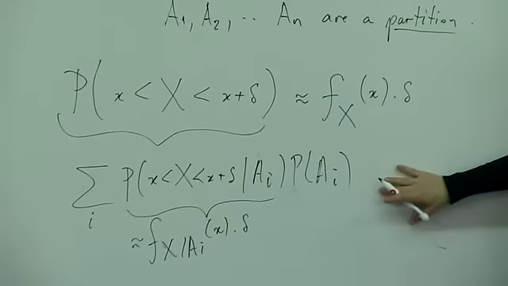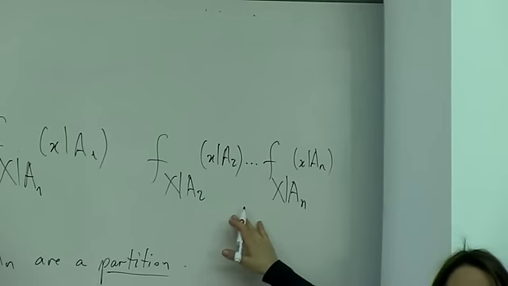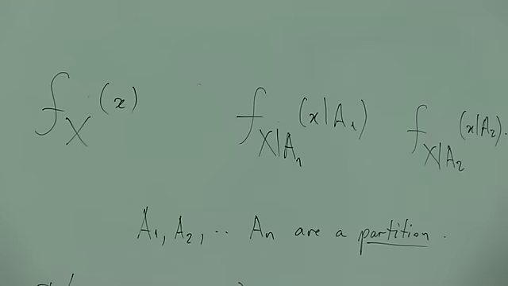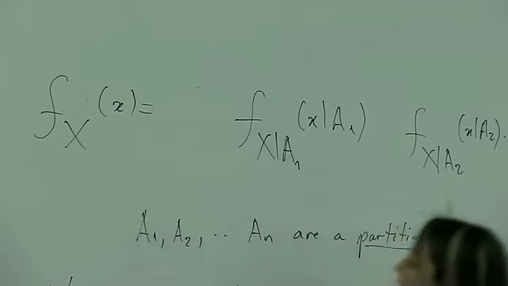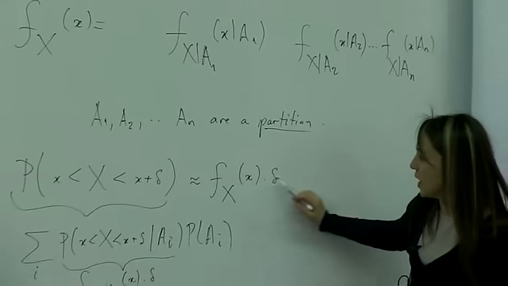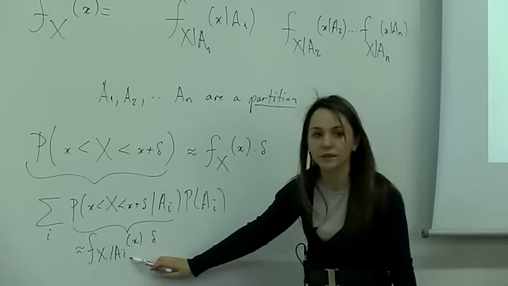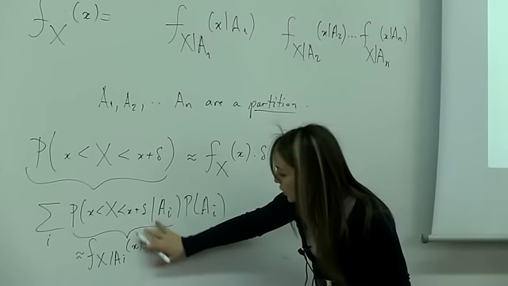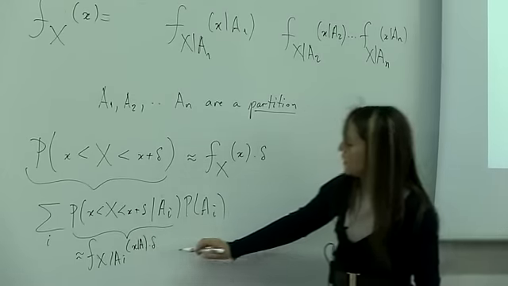Now thinking about this, can you tell me how we would combine these conditional densities to get the unconditional density? Here we have f_X(x) times delta approximately equal to f_{X|Ai}(x|Ai), maybe I should keep the conditioning here, times delta.